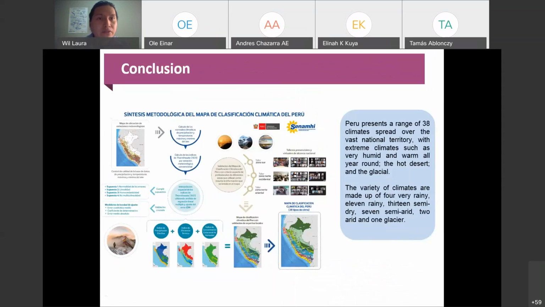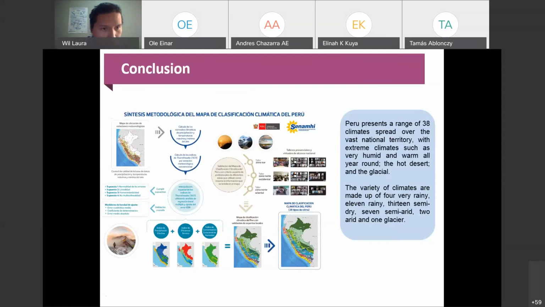So to summarize this work, I show the entire procedure of this activity. We first introduce the climate information, then we proceed with quality control. We calculate the monthly averages, and then we calculate the values of each index of the Thornthwaite methodology.